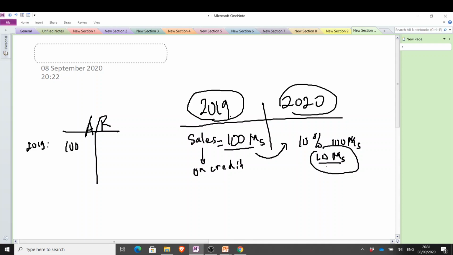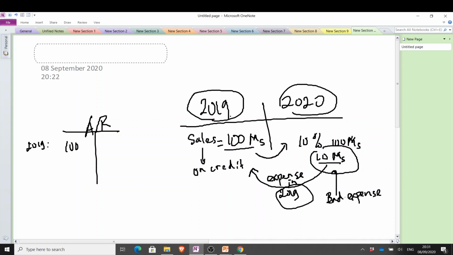So this 10 million should have been expensed in 2019. But when we use the direct method, the expense is recorded in 2020.